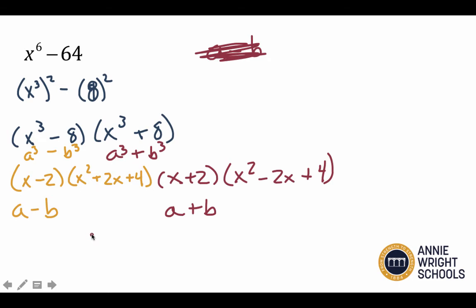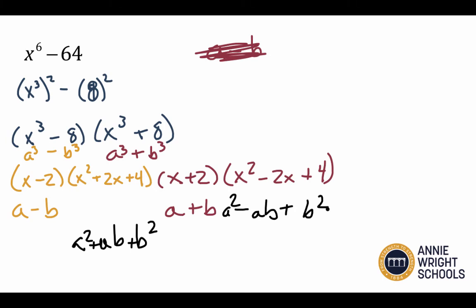And then the other thing I do have memorized is it goes a squared, ab, b squared. And the signs go minus, plus, plus, or they go plus, minus, plus. So I know this one went a squared minus ab plus b squared. So I kind of lied to you. I do have that form memorized, but there you go.